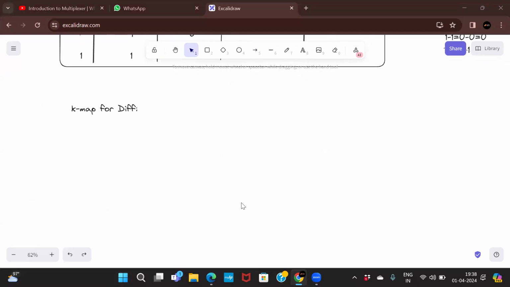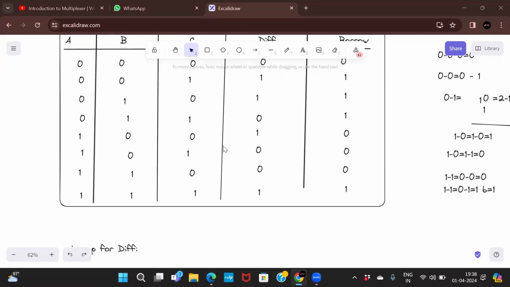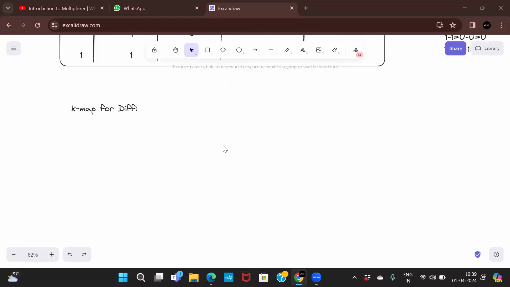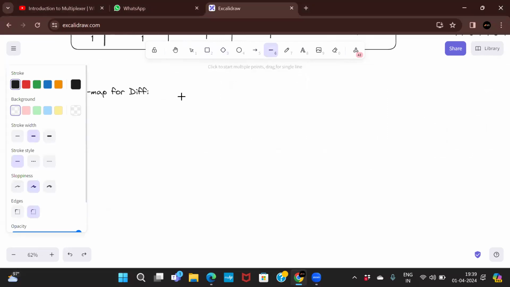Three inputs. 2 to the power 3 is 8. How many boxes do we require? 8 boxes. Yes, perfect.